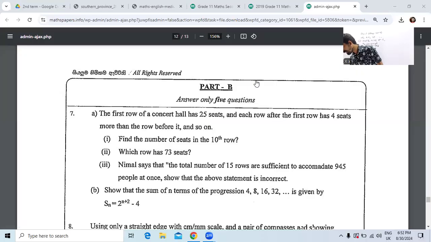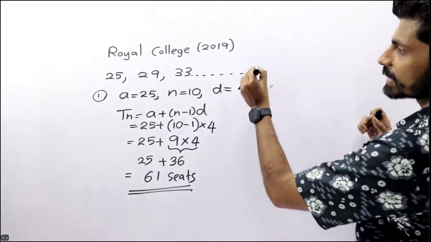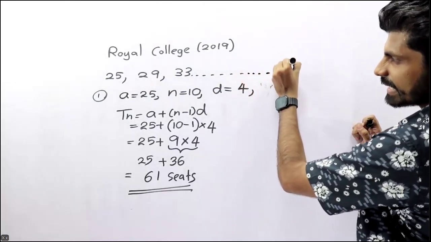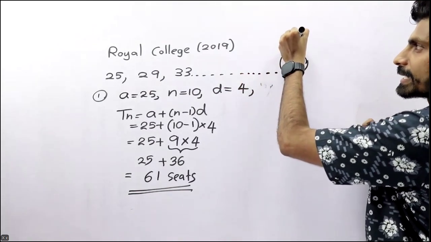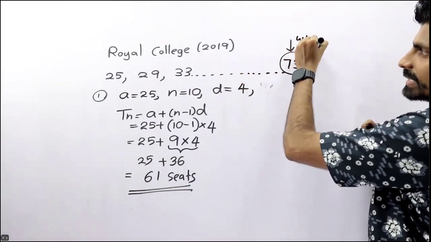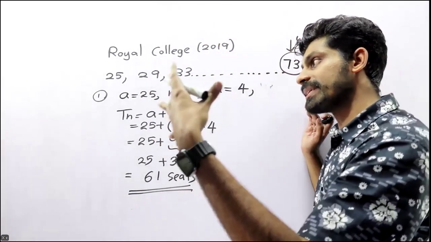Which row has 73 seats? So this is the progression, and there is a term called 73. They are asking which term, what is the term number.